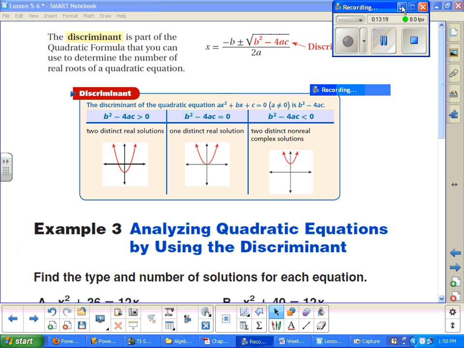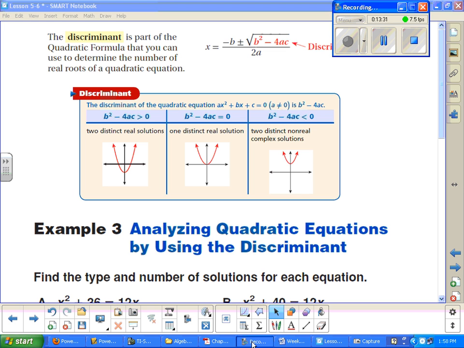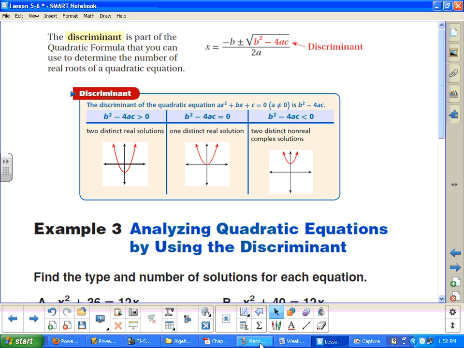Okay. Part of the quadratic formula, the part underneath the radical, has its own name. It's called the discriminant.